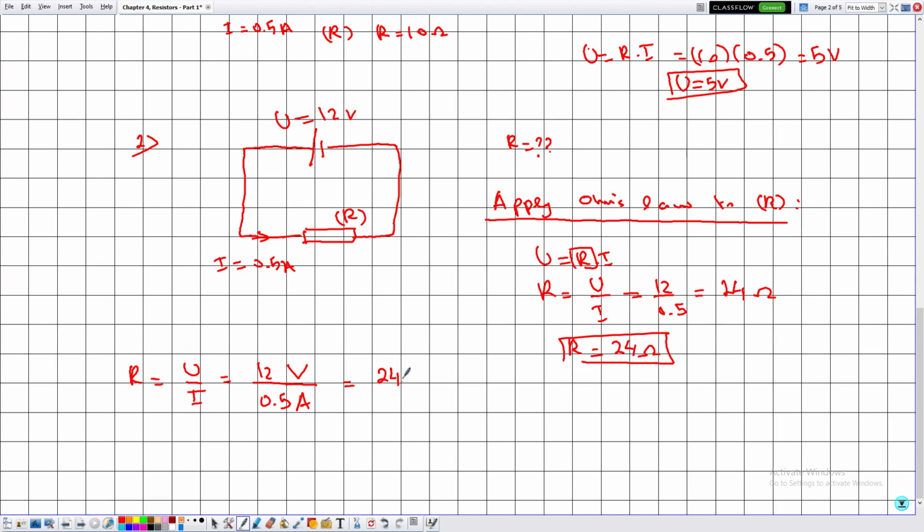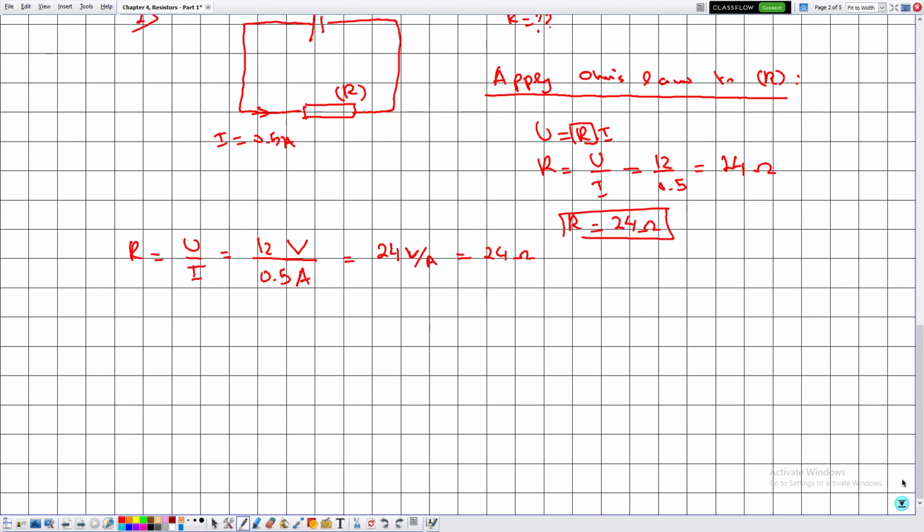So the value is 24, but the SI unit is volts per ampere, and this unit is denoted by ohms. So ohm is identified by volts per ampere.